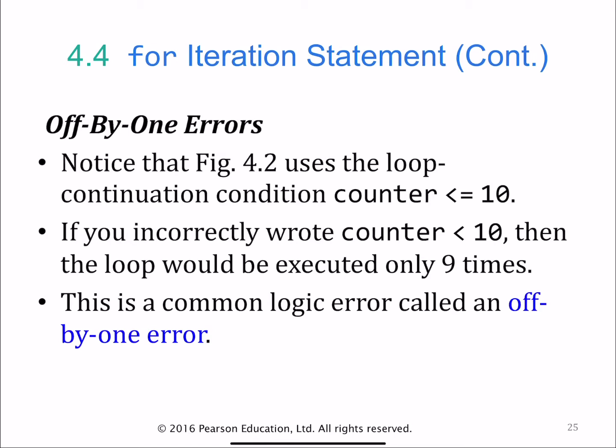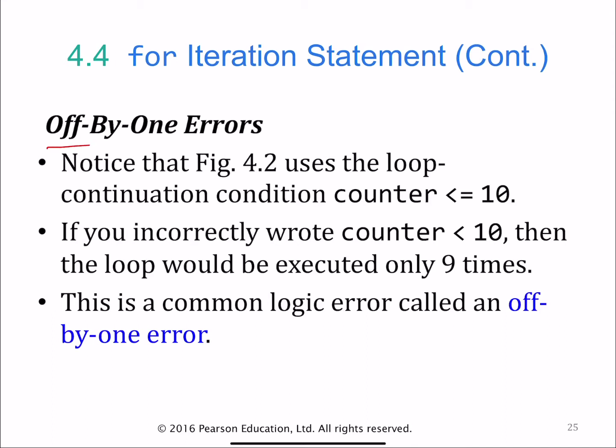Occasionally, when you use a for loop, you might discover that you wanted it to go for, let's say, 10 iterations, but it actually runs for 11 iterations. Or maybe you wanted it to go for 10 iterations, it's only going for 9 iterations. This is a very common type of error that you can end up with, not just with a for loop, but any definite iteration structures, even while loops, do while loops.